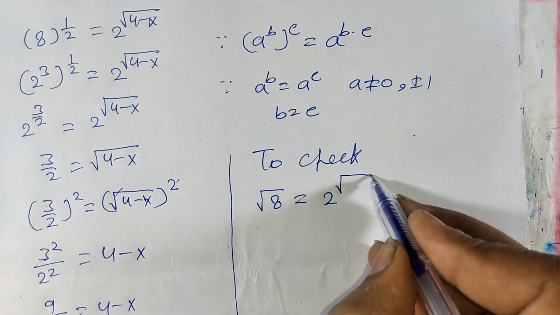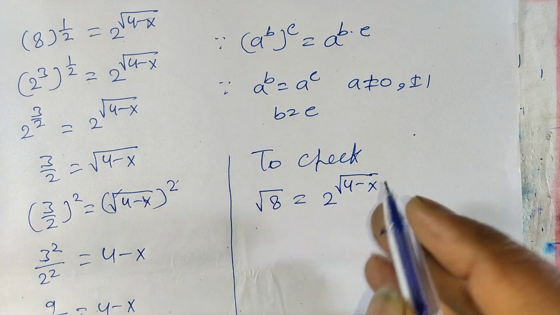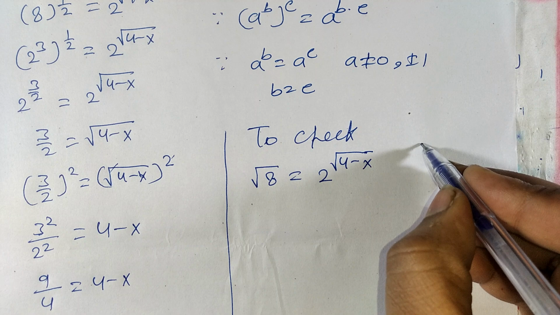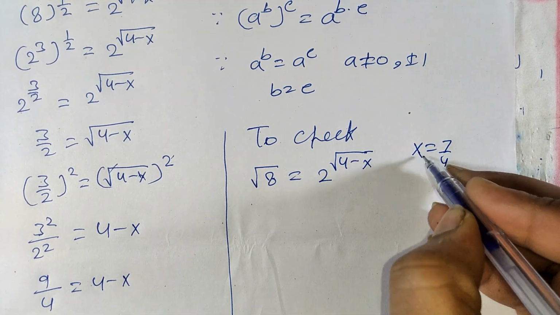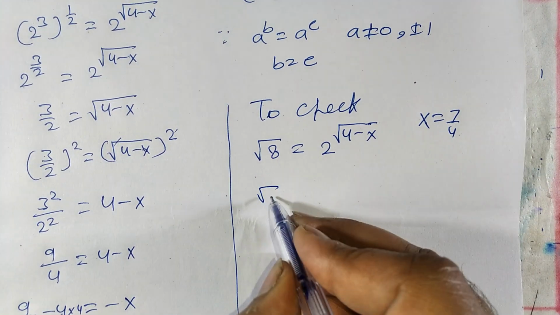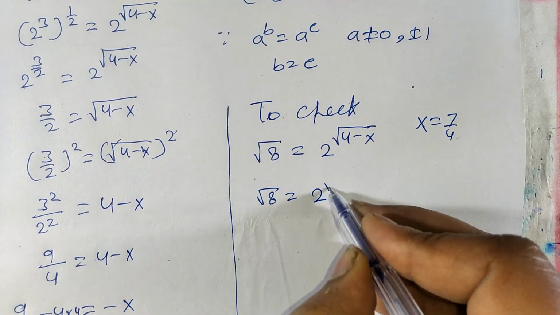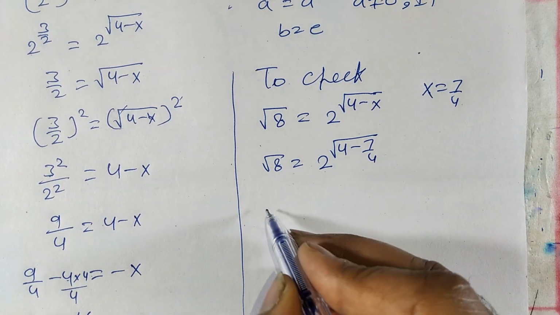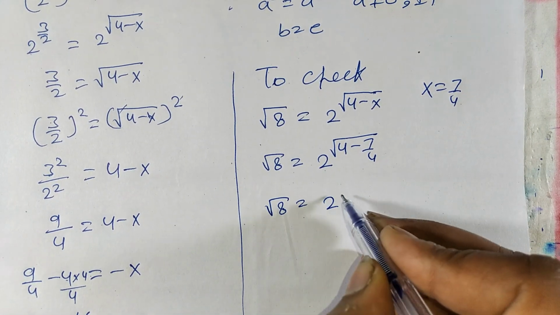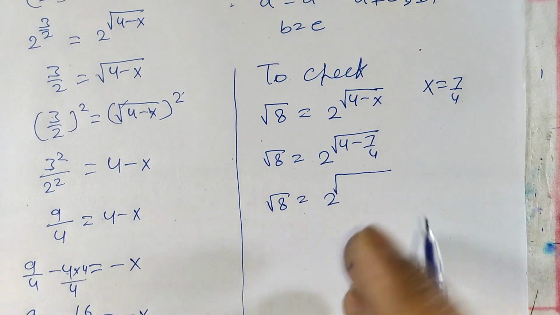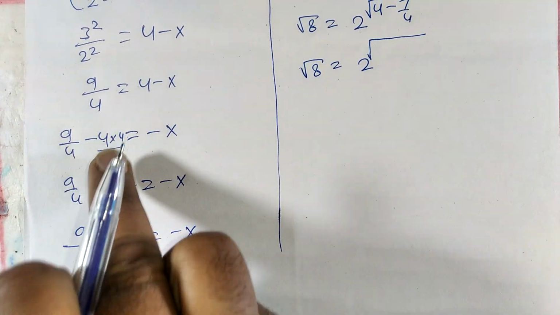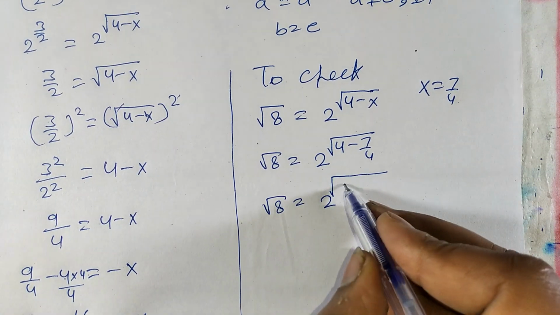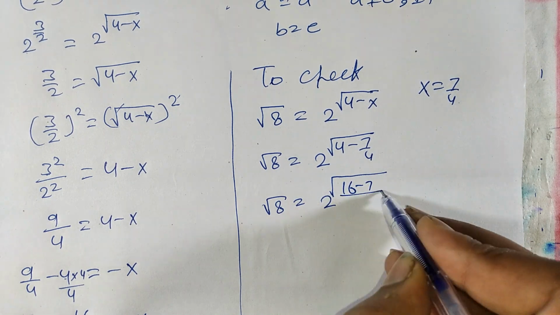The value of x is equal to 7 by 4, putting here: square root of 8 is equal to 2 to the power square root of 4 minus 7 by 4. Square root of 8 is equal to 2 to the power square root of, same as 9 by 4, 4 times 4 is 16 minus 7 over 4.